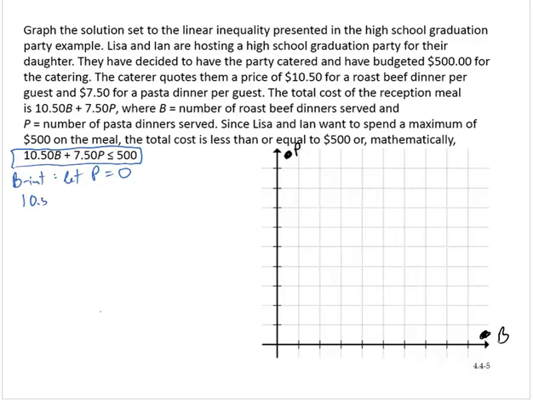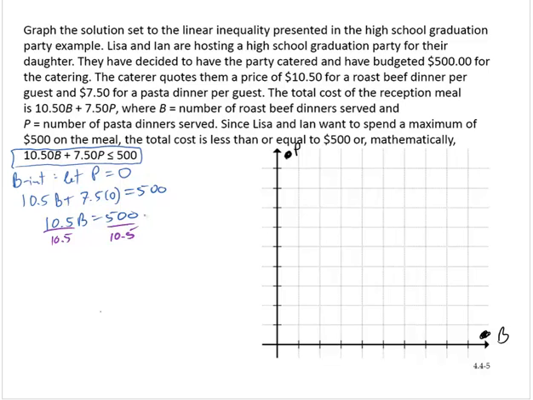So I'd have 10.5b plus 7.5 times 0. So 7.5 times 0 equals 500. And so then that gives me 10.5b is 500. And I'll divide through by 10.5.